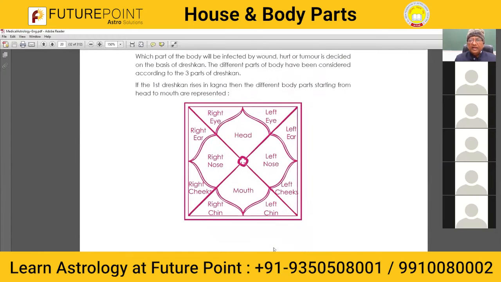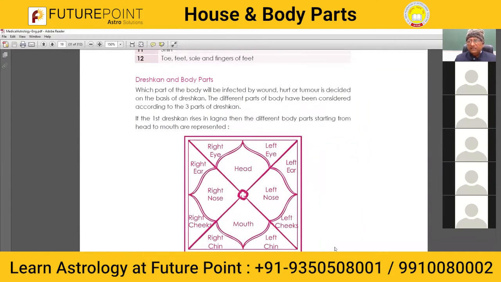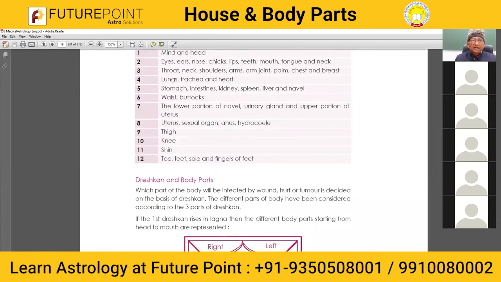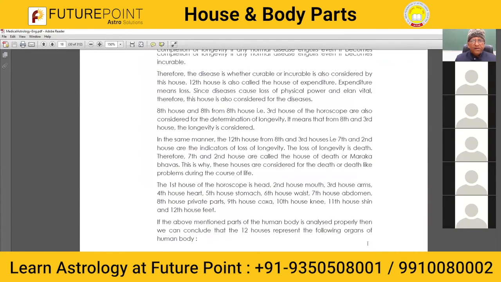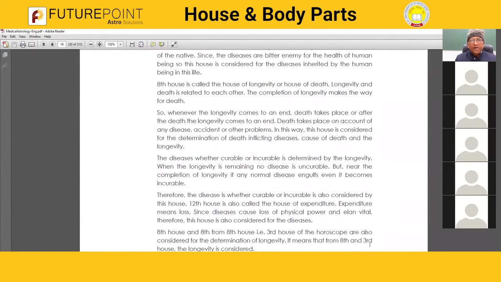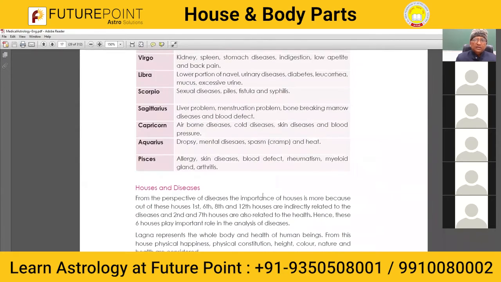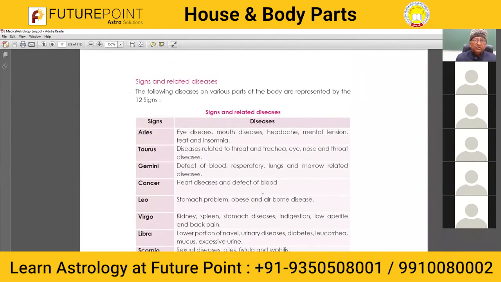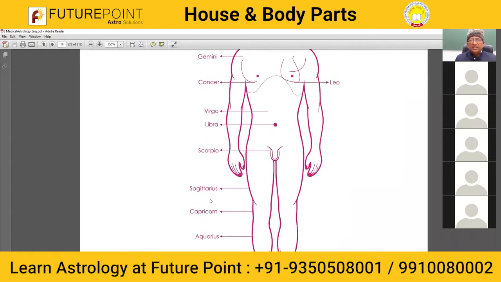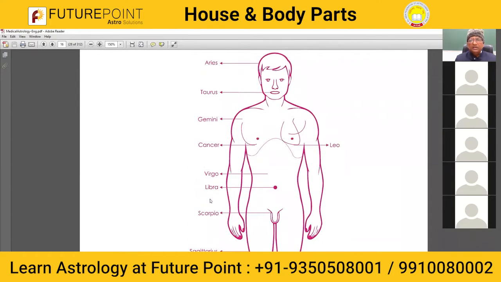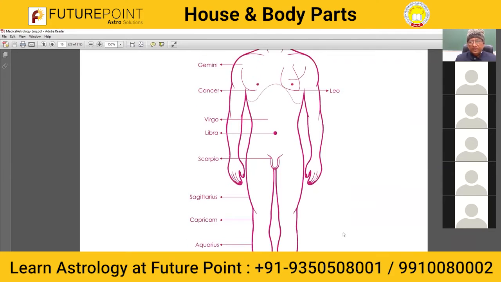And that is the sign representation. So keep a difference between these two. This is the sign representation, Aries, Taurus, Gemini, etc. This is the Kal Purush, what we call it. Aries is head, and Taurus is this, and that, like that. So this is as per the signs.